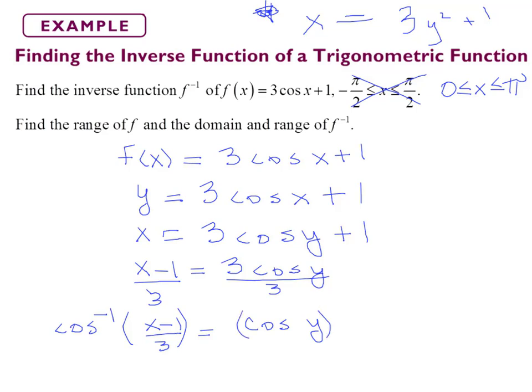The inverse cancels out the function. So I end up with y equals inverse cosine of x minus 1 over 3, right? And that's it. There's the answer.